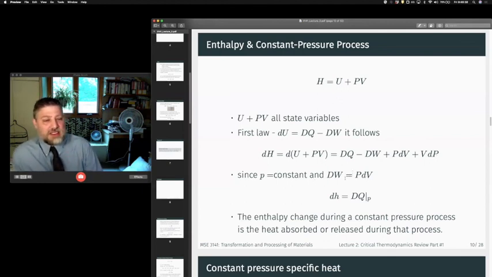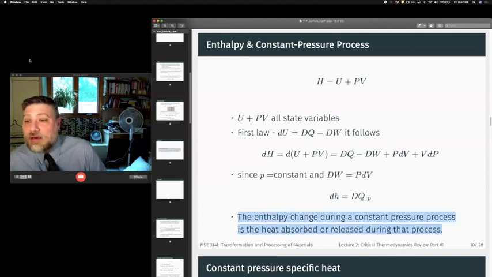If it's constant pressure and dw is pdV, and obviously Vdp disappears, what we get is that our differential in enthalpy is our differential in heat at constant pressure.